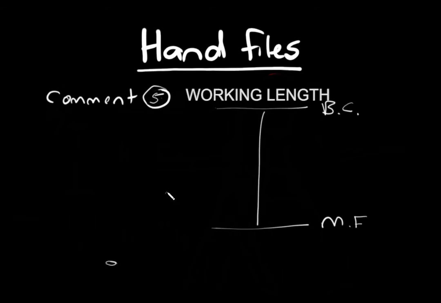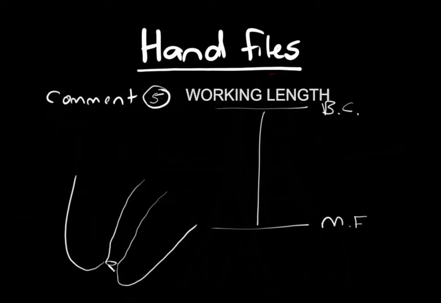So if the root canal is coming down like this, it tends to get smaller, and here's the exterior of the root, something like that. And then this is the minor foramen here, and the major foramen is referred to as this part here, just around there. So working length would be from the minor foramen back to the buccal cusp, if that was the reference point that the doctor was working to.